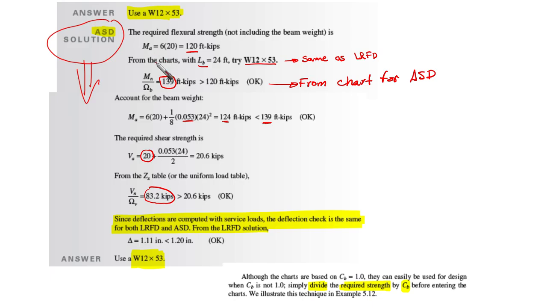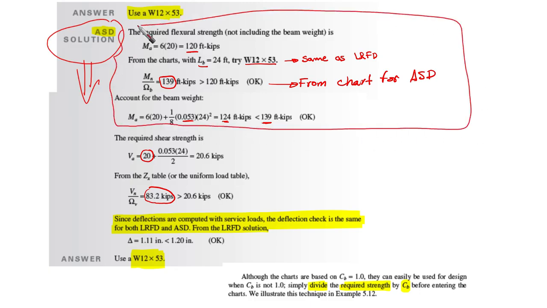Also, we are going to check the flexure strength here. This is the part related to the flexure strength. We are going to say that Ma, the required flexural strength, not including the beam weight in the beginning, is 6 times 20.